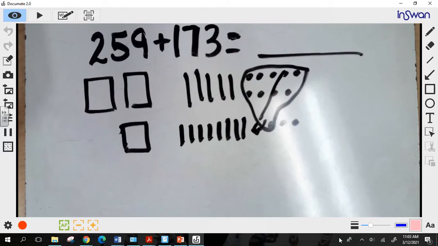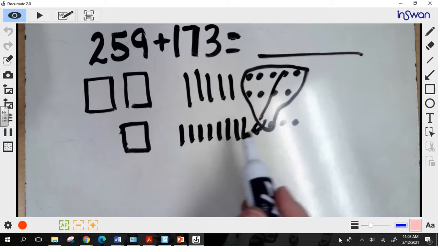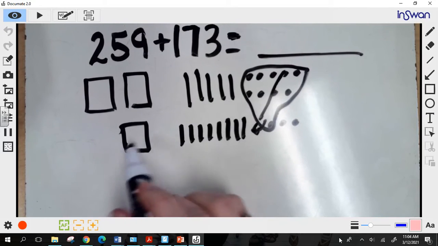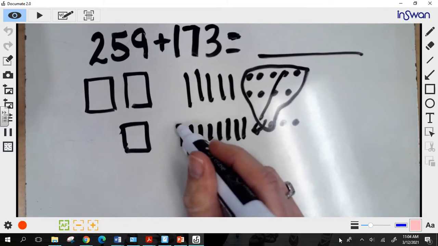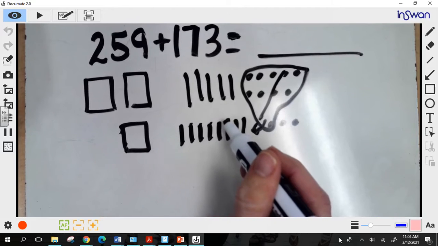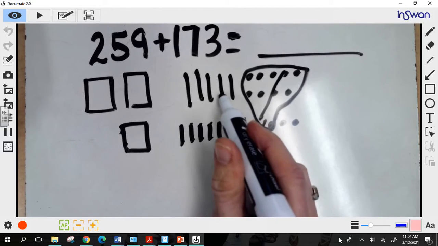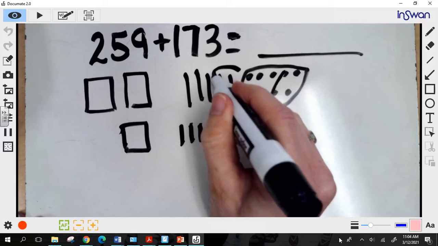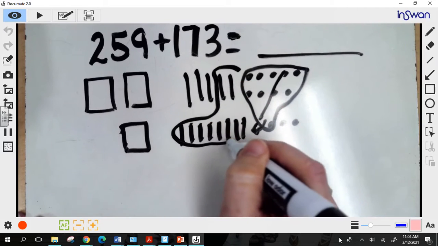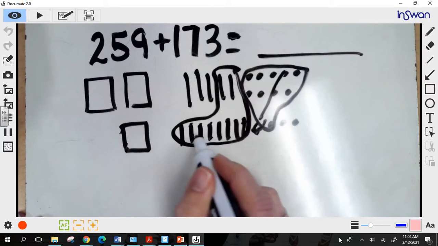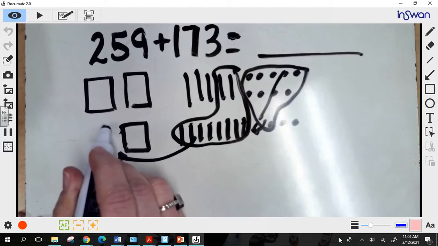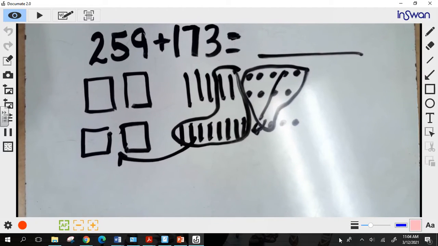Well, I can look at my 10 sticks and tell you I've got too many. There's more than I need. I need to regroup. I could make a 100. 10, 20, 30, 40, 50, 60, 70, 80, 90, 100. So I can take this set right here, all of these, and make a 100.